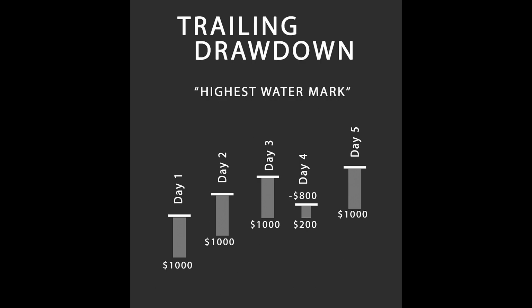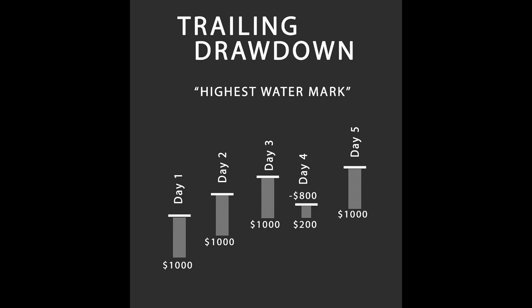Okay, so let's move to day 2. Looks like you made money on day 1 because the highest watermark is now higher. The highest profit that you've made is all the way right there. It trails at $1,000 down from your highest watermark. So your trailing drawdown is now a little higher than it was on day 1 because it trails from your highest profit.